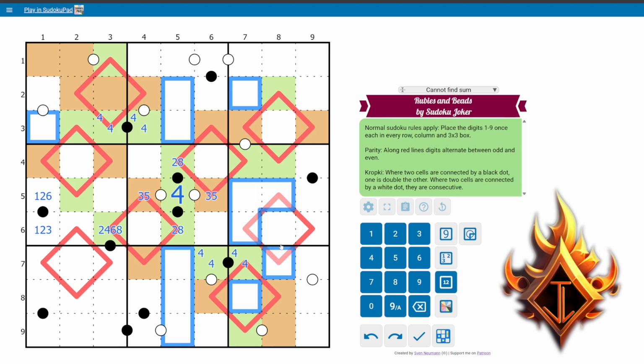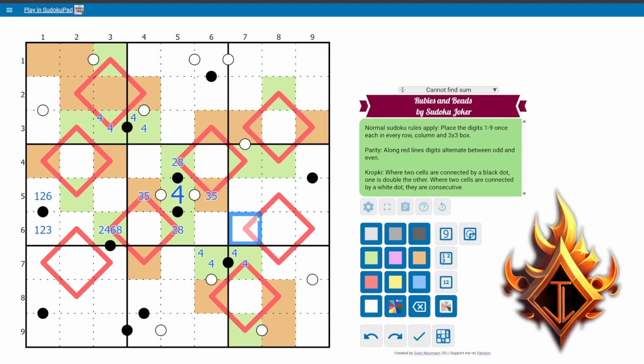So those would have to be odd. And that would make these not flip parity. So these are odd. And that is even. But now this one, it could still be even, I think. But it could also be odd.